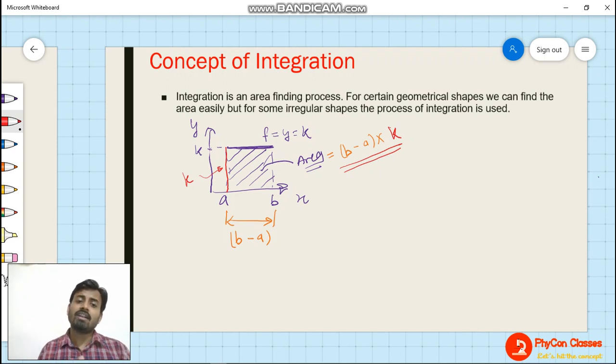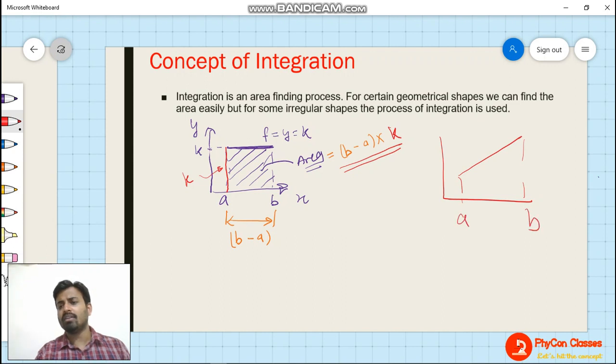Even if the function is changing but it is a straight line, moving from a to b, then also what we can do is divide this area into two, area 1 and area 2, where one is a triangle and the other one is a rectangle. Again you can find out the area easily.